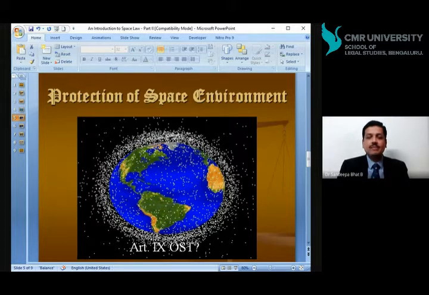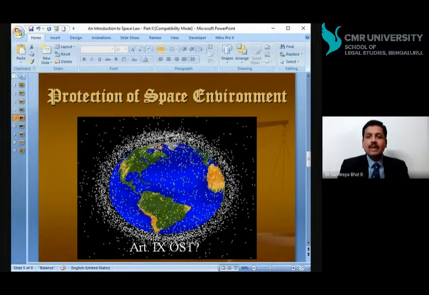It is very weak in terms of preventing the environmental pollution in the outer space. And even some of the scholars have argued that the debris creation is also not prohibited under Article 9 because it does not amount to harmful contamination. Harmful contamination is a very, very narrow term. So by virtue of that, Article 9 of the Outer Space Treaty seems to be one of the weakest limbs of the Outer Space Treaty in terms of protecting the space environment.